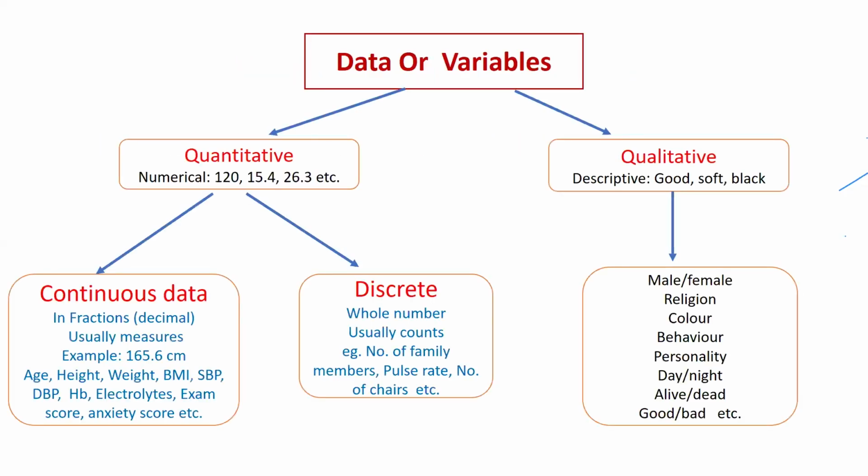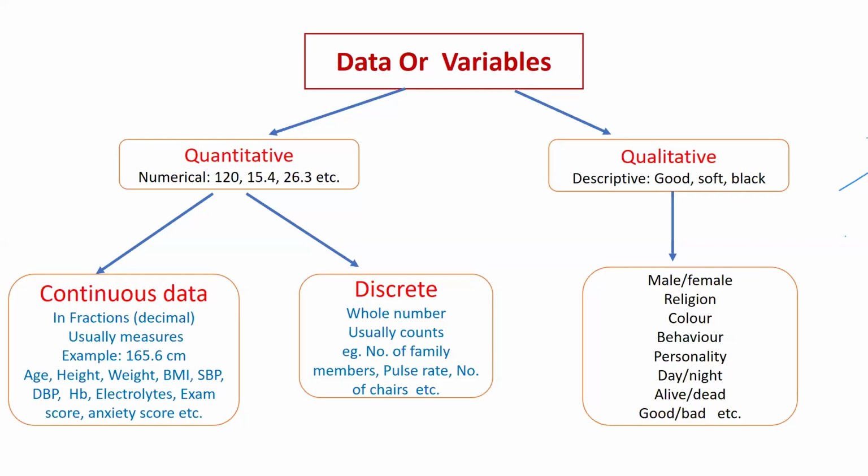This was mainly discussed in detail by the two earlier presenters or resource persons. Sometimes we use the word variables, sometimes data. It is basically divided into two types, quantitative and qualitative. For quantitative, we use a regression model, and for qualitative, we use a classification model in machine learning. What do we mean by quantitative?